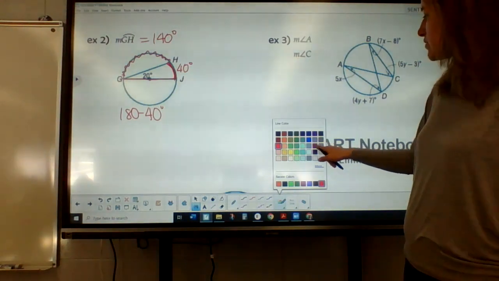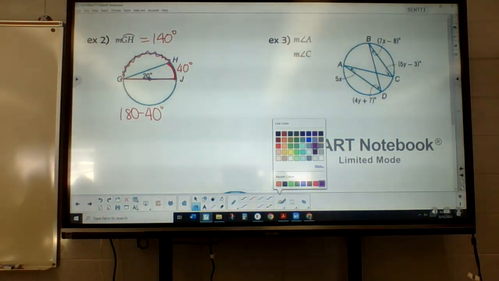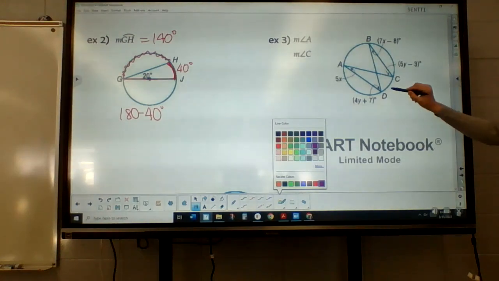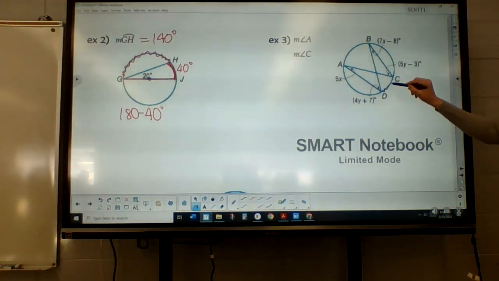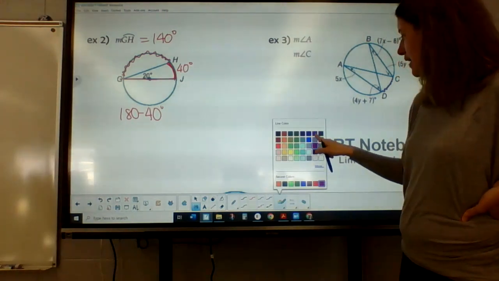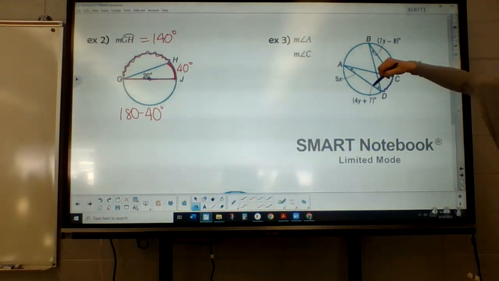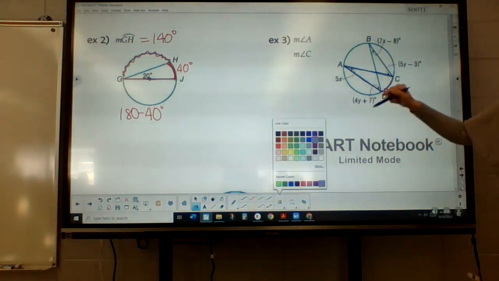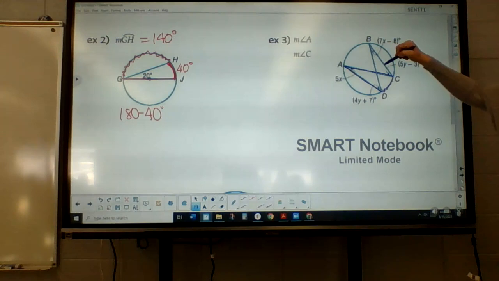All right, this next one just looks a little crazy. But I want to remind you guys, this is where we have two angles butting up against the same arc. So here's this arc. The two angles that hit that arc are this angle and also this one.